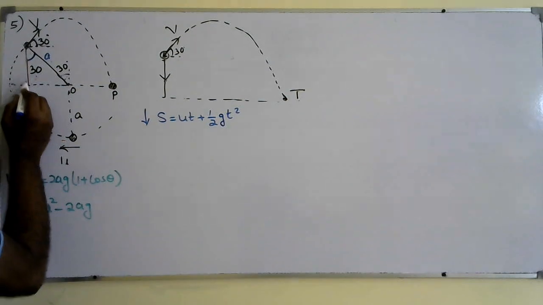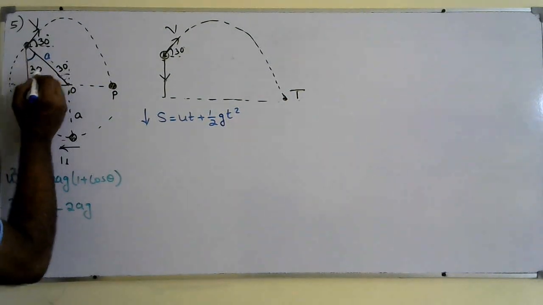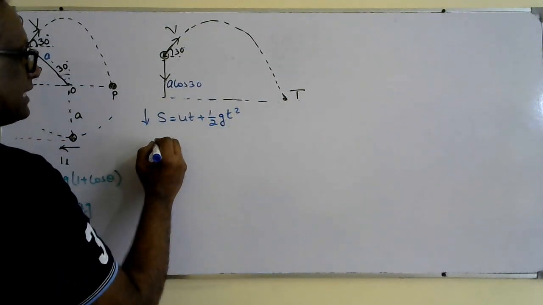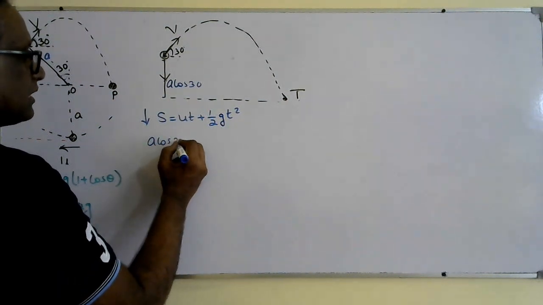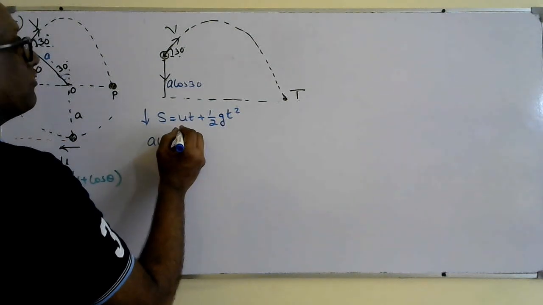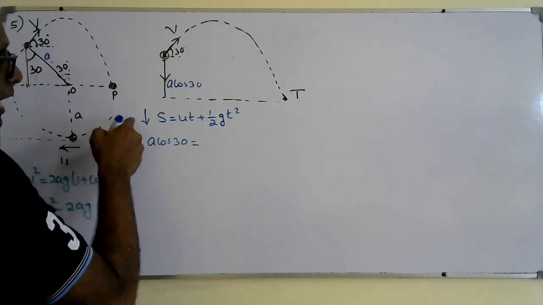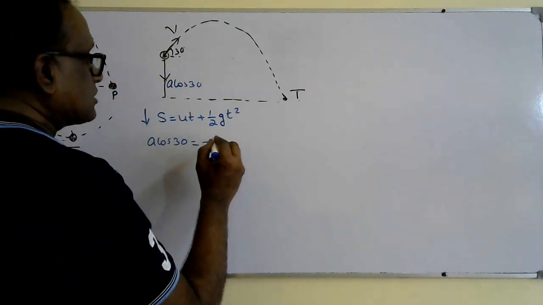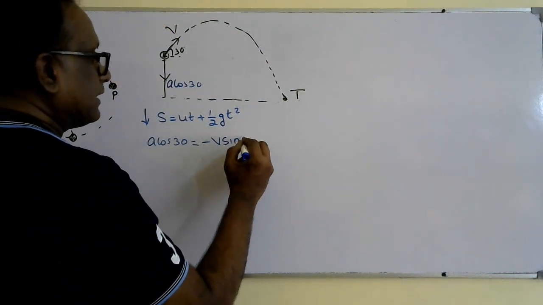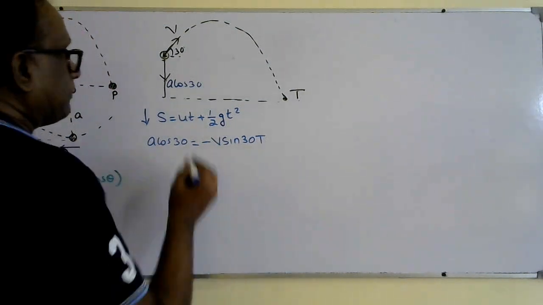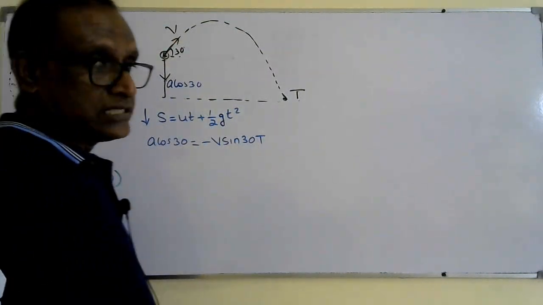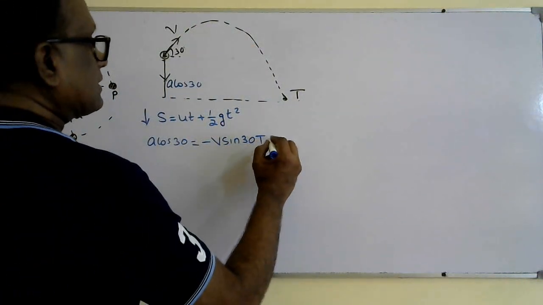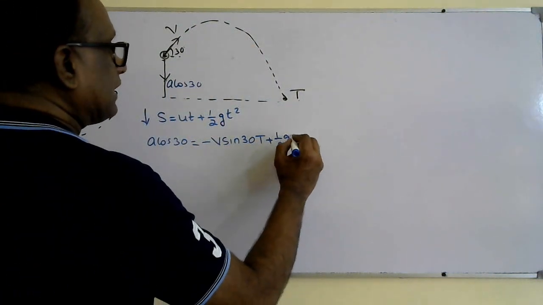In this right angle triangle, the vertical displacement S is A cos 30. The initial vertical component of the velocity, with downward taken as positive, is V sine 30 upward, so minus V sine 30 into capital T, because the total time taken in the question is capital T, plus half G T squared.